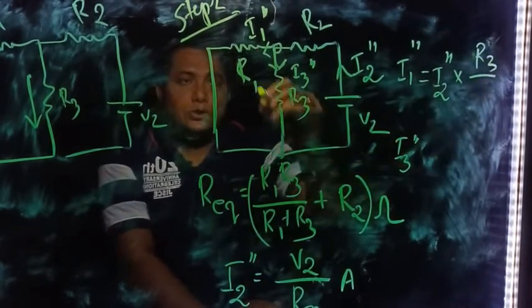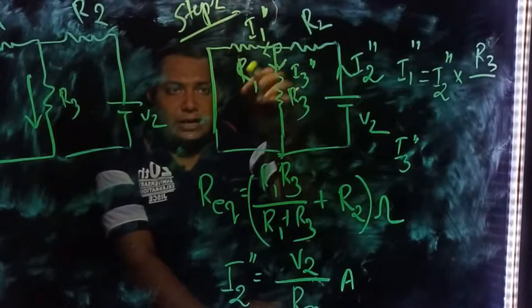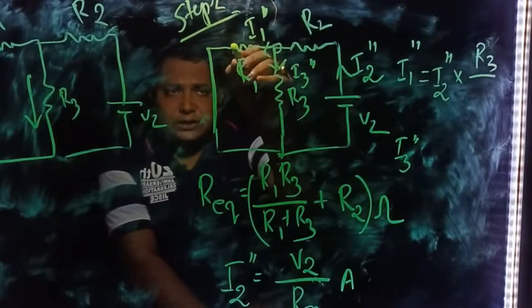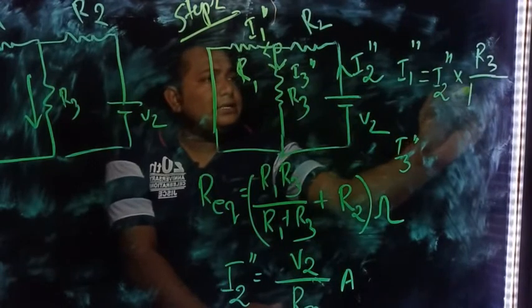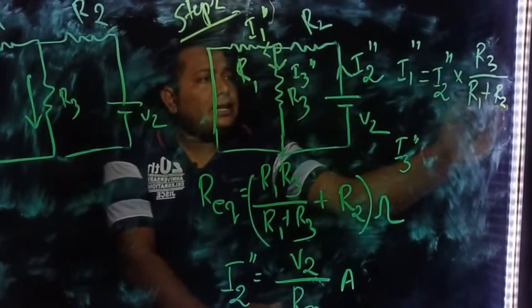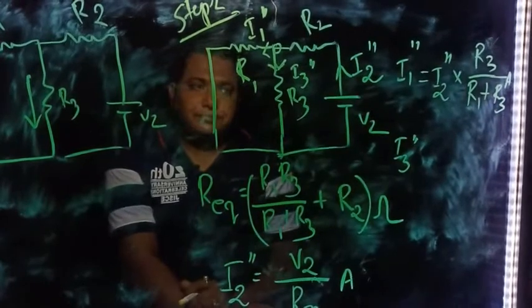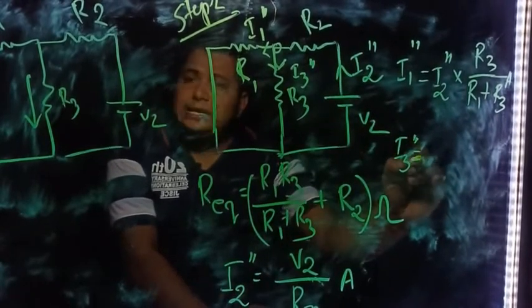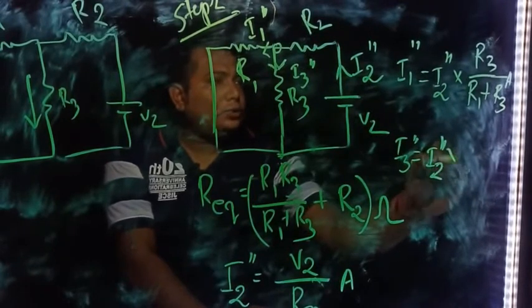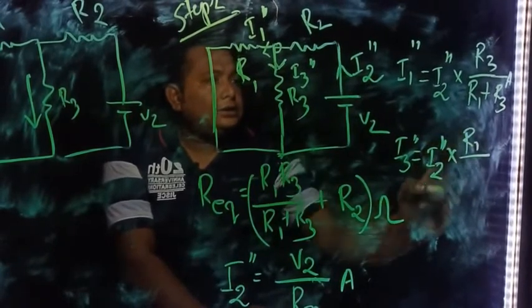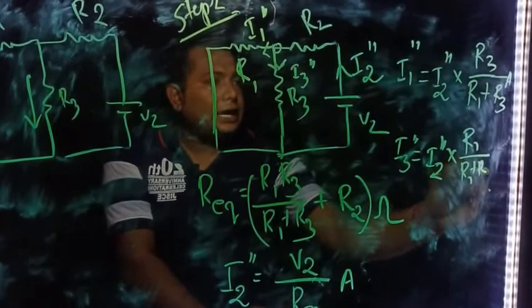These two are in parallel, so I1 double bar is I2 double bar times R3 divided by R1 plus R3, in ampere. In the same way, I3 double bar is I2 double bar times R1 divided by R1 plus R3, in ampere.